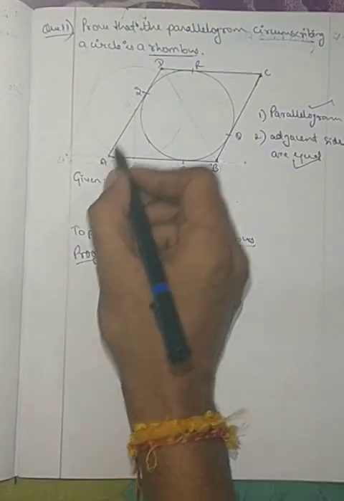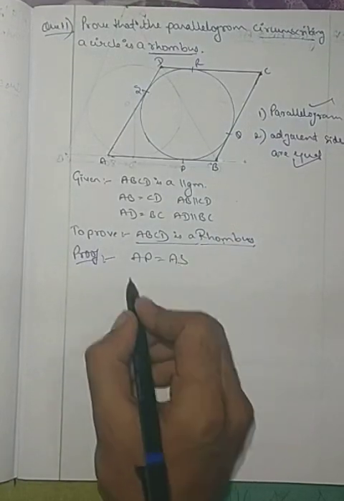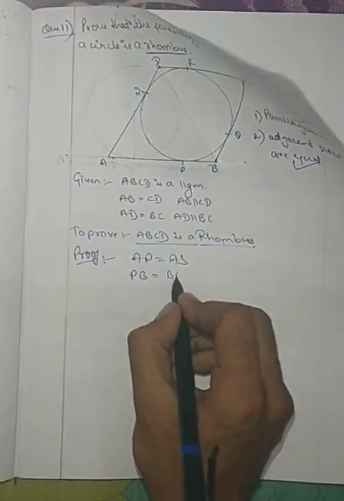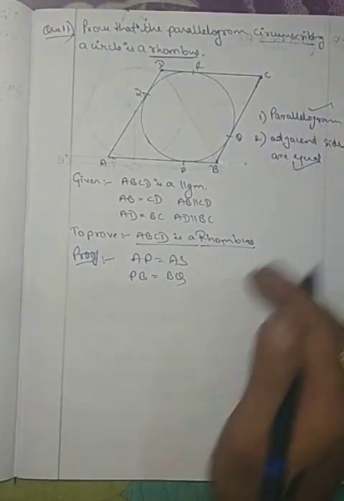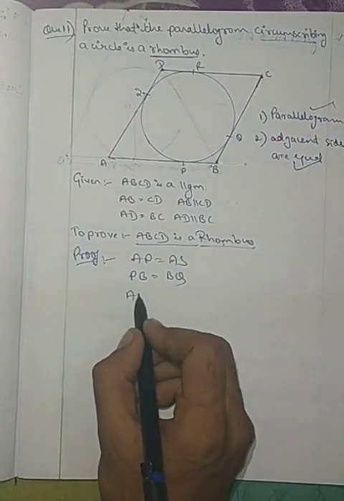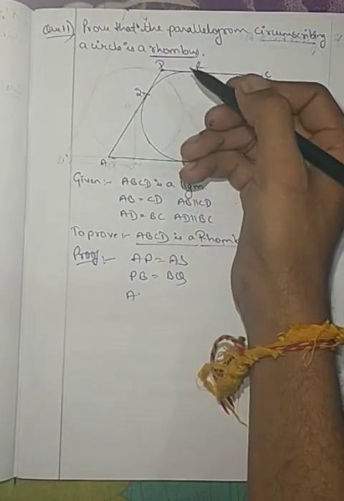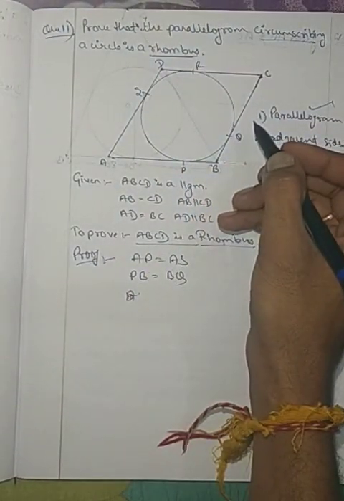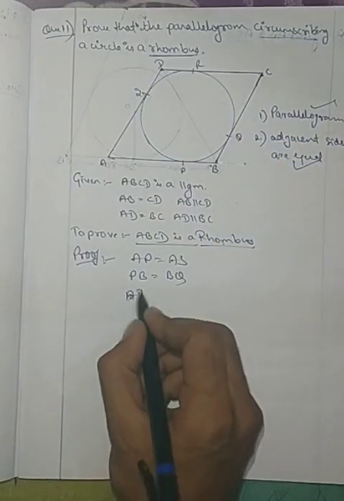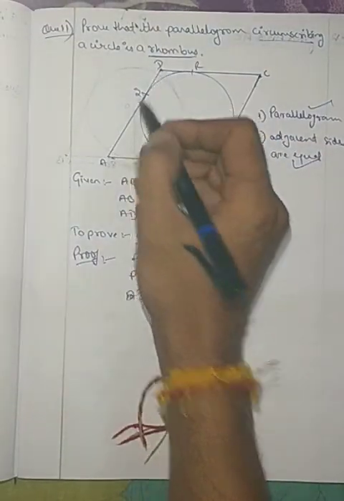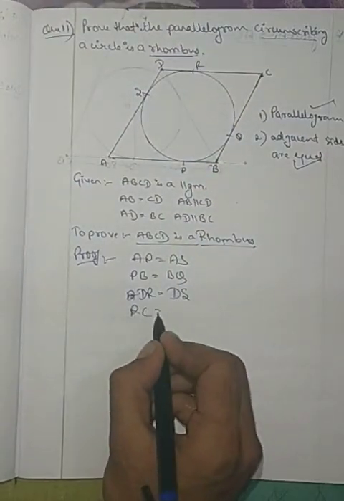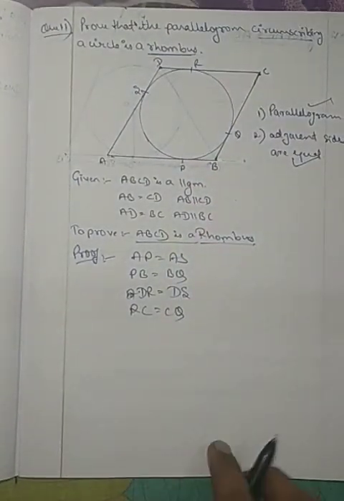AP will be equal to AS. PB will be equal to BQ. Then what we have? DR is equal to DS, and RC is equal to CQ.